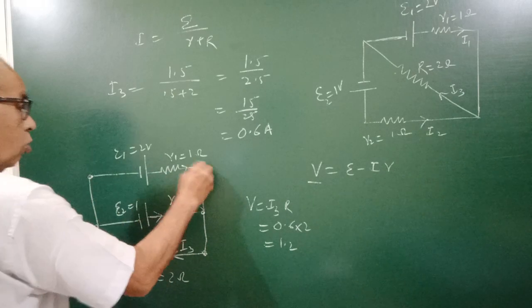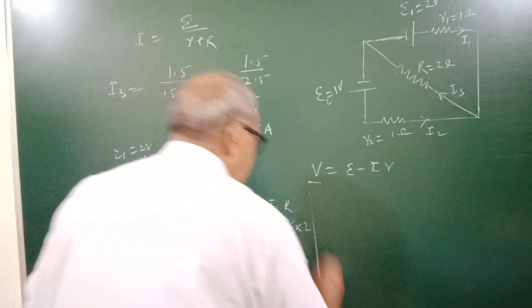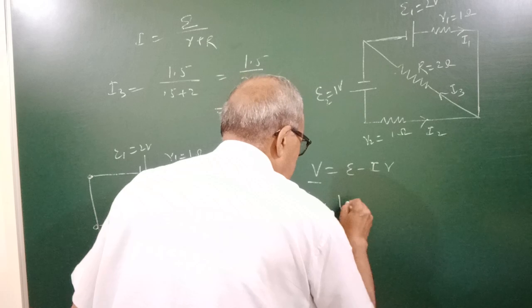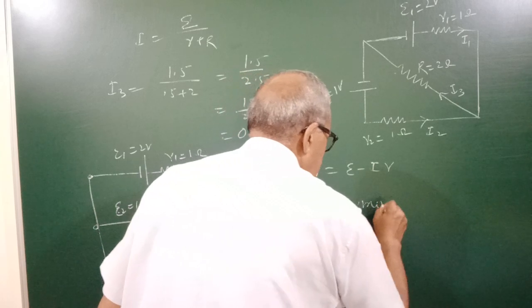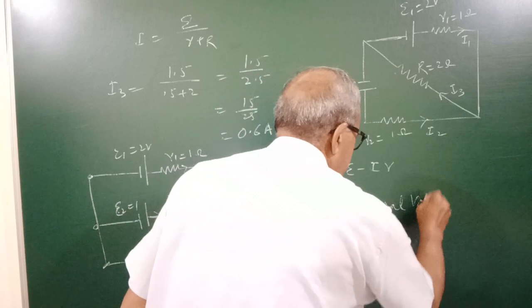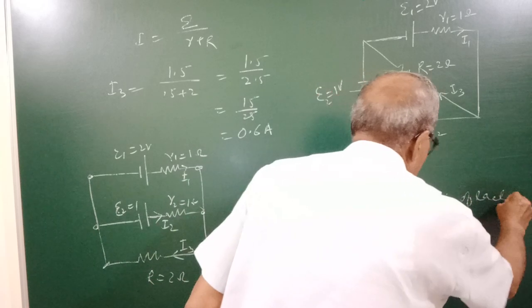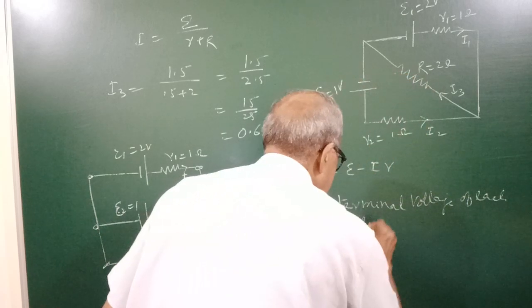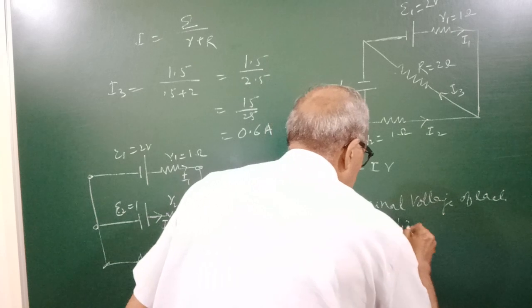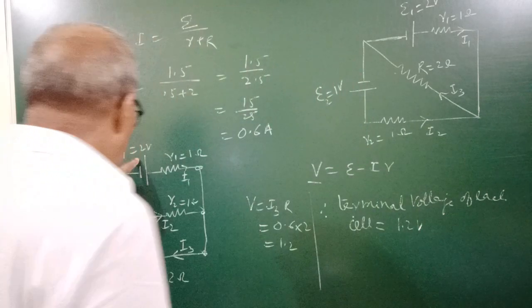So the terminal voltage of each battery or each cell is 1.2 volt. EMF of one is 2 volt, the other is 1 volt.